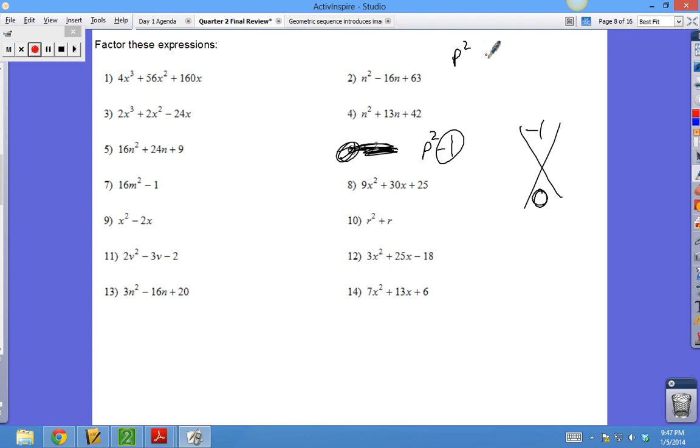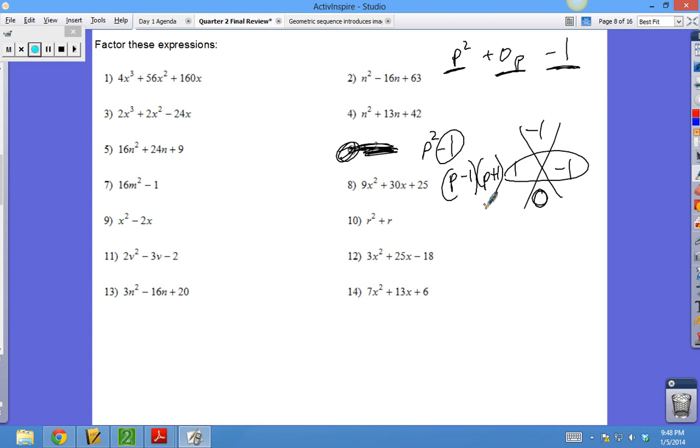So p squared plus 0p minus 1. The middle is missing. I've got the p squared and I've got the constant, the number, but I do not have any p's in the middle, so that's 0. So it multiplies, gives you the end, adds and gives you the middle, and it has to be 1 and a -1. That multiplies and gives you the top, adds and gives you the bottom. So my answer is p minus 1, p plus 1.